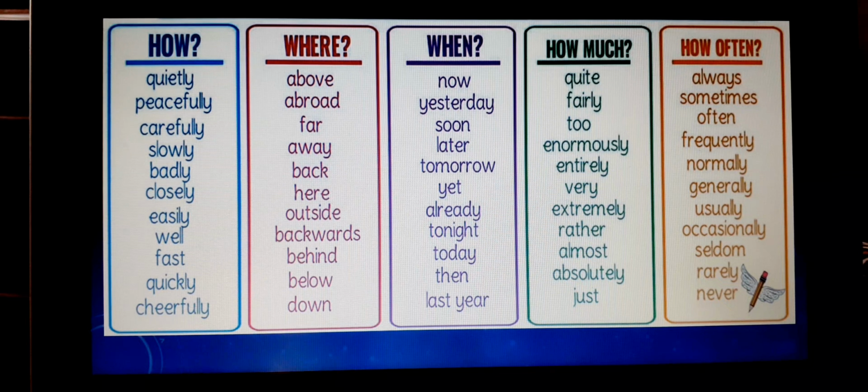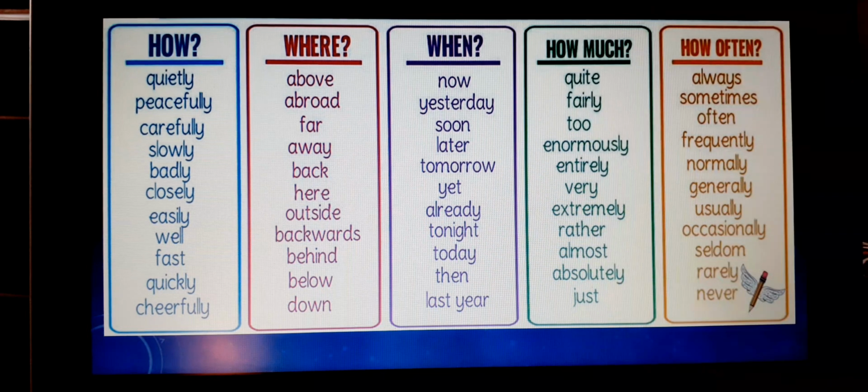We can answer this question with above, far, away, back, here, outside, behind, below, down, and other words. We have when, number three. We can answer the question when with now, yesterday, soon, later, because it's a question of time.